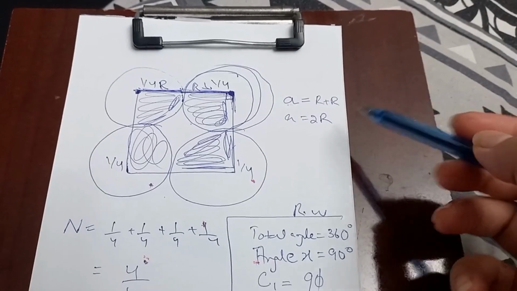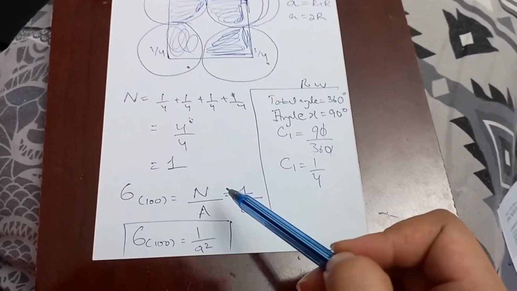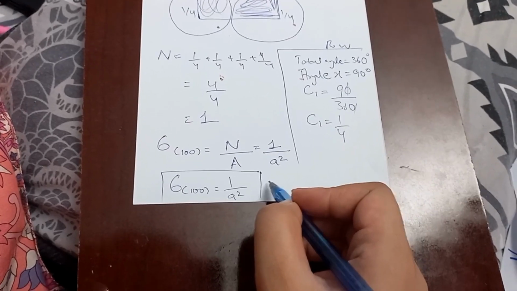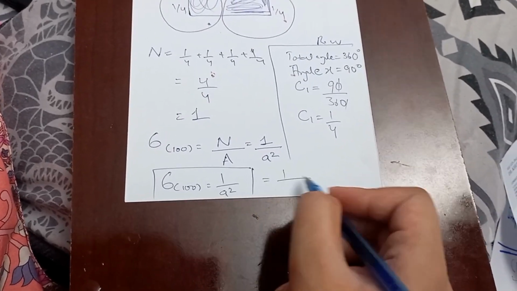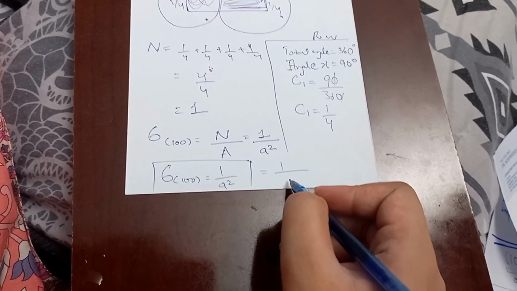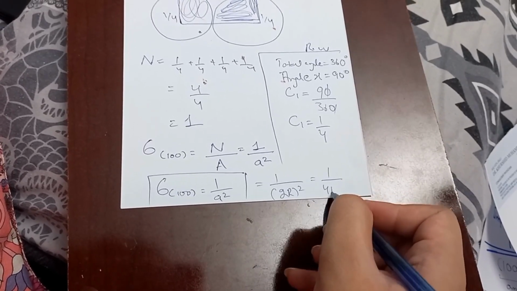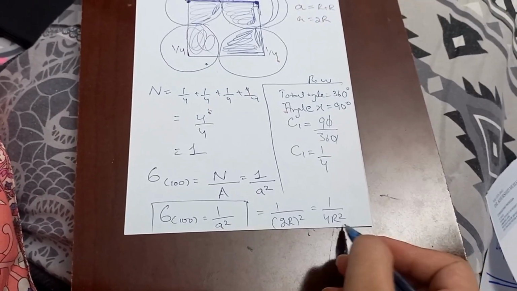If you want to convert the planar density expression into atomic radius, then we can do it by putting the value of a right here, for simple cubic specifically, and it's 2r whole squared, and it is 1 over 4r square in terms of atomic radius.